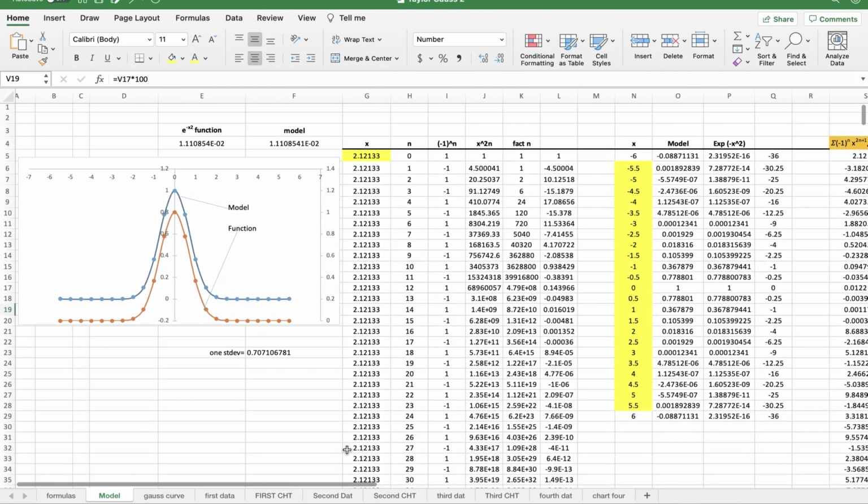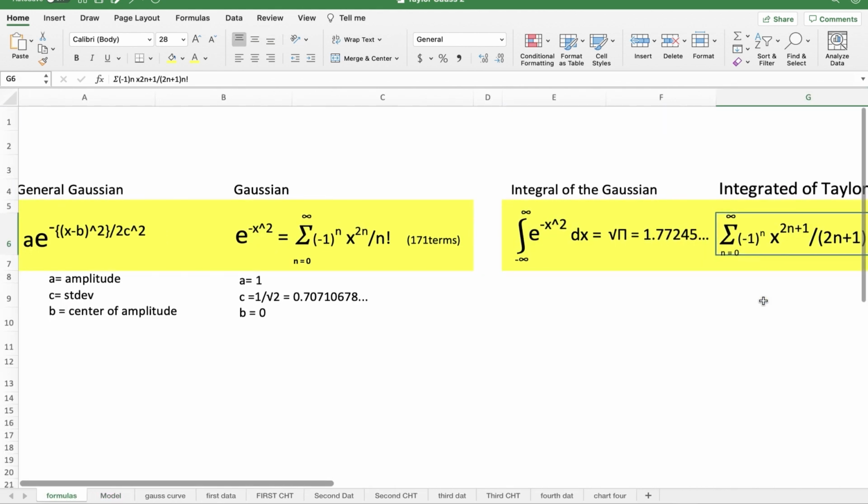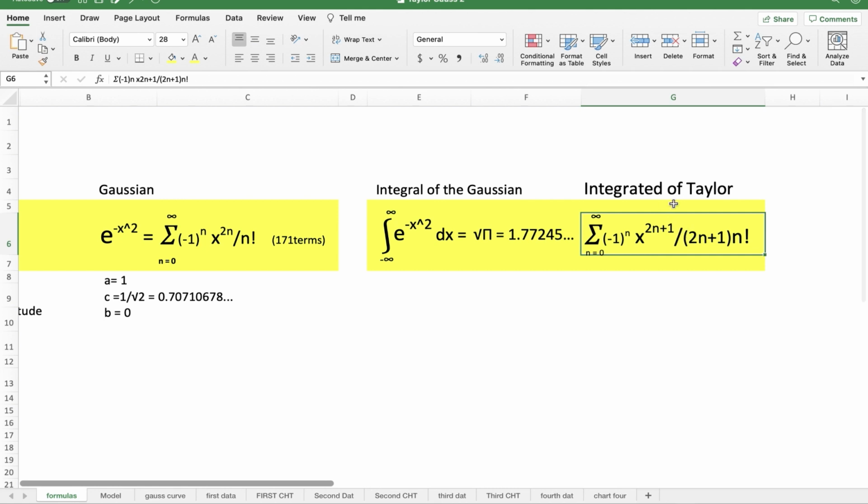Now, here I have two plots, as you can see here, the blue one and the orange one. And the blue plot is the model. That is the infinite series that we just saw right here, this integration of the Taylor series, this infinite series that resulted from integrating.